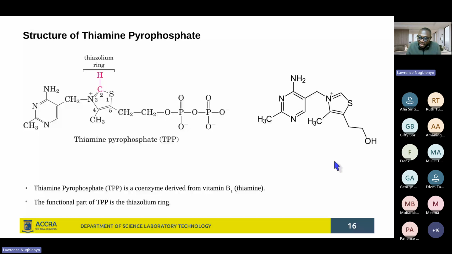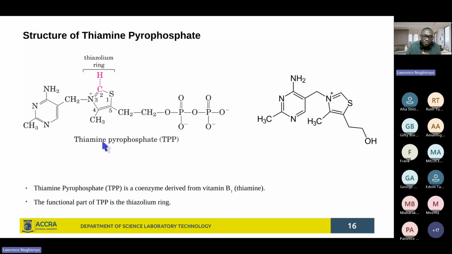In place of that hydroxyl group, we see that thiamine pyrophosphate has a phosphate group. As a matter of fact, everything else between thiamine pyrophosphate and thiamine is the same, except for these two phosphate groups that have been attached onto the molecule, which is to say that the vitamin gets phosphorylated to become active.